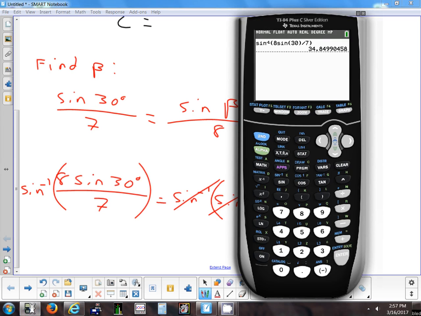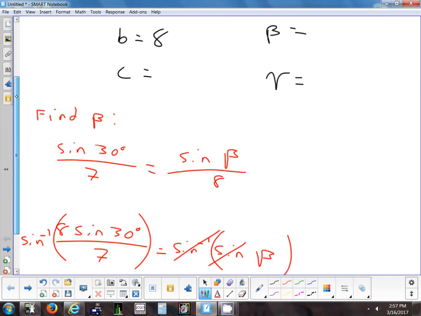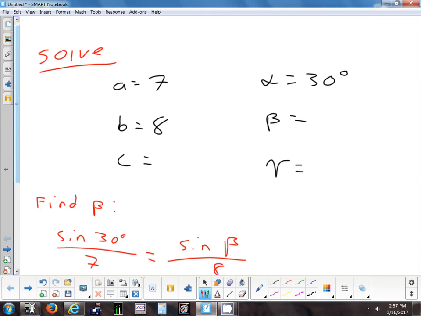So one of the solutions for beta is 34.85, and I'm going to call that beta 1. And what do we do with that answer to check for the second answer?